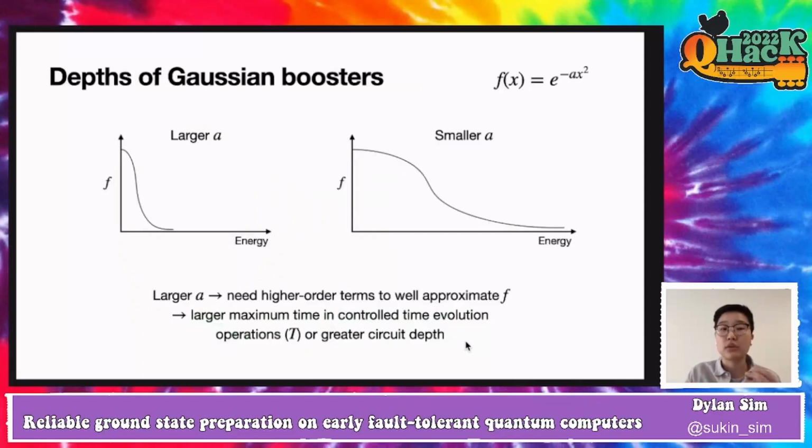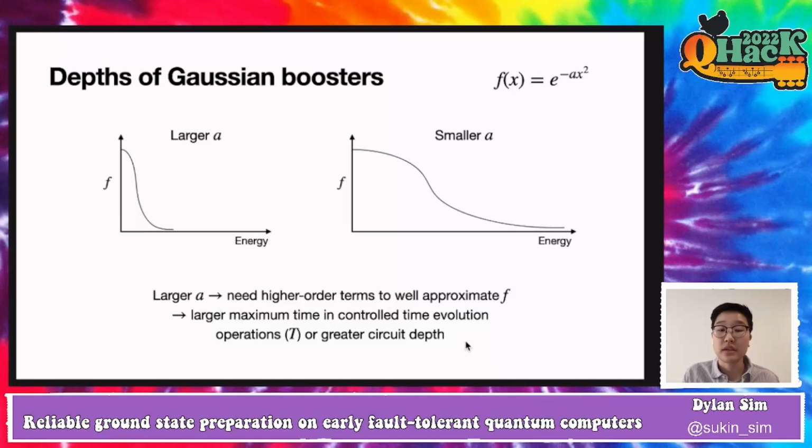As an aside, to compare the depths of Gaussian boosters, suppose we have two Gaussian boosters, one with a larger A, A being the width parameter, and one with a smaller A. Visually, we see that larger A corresponds to a rapidly decaying booster function.